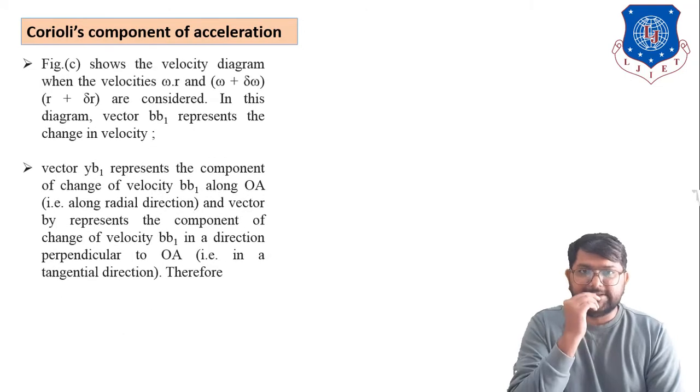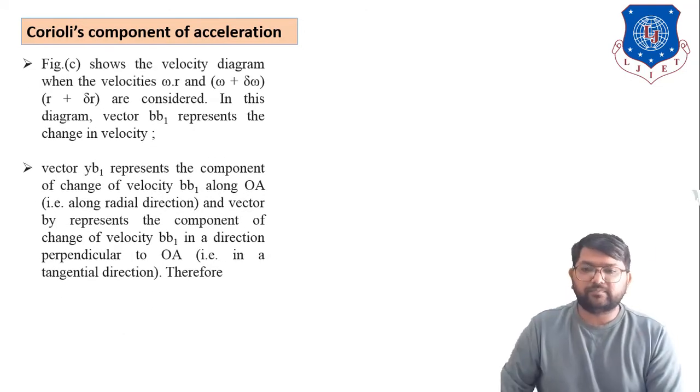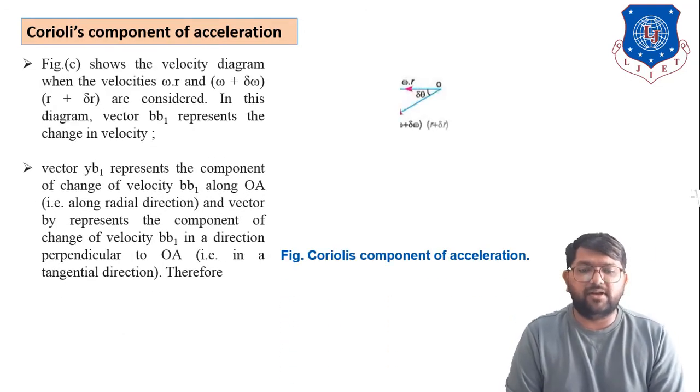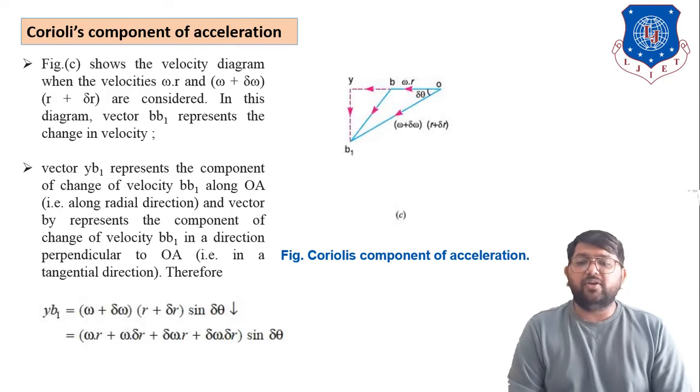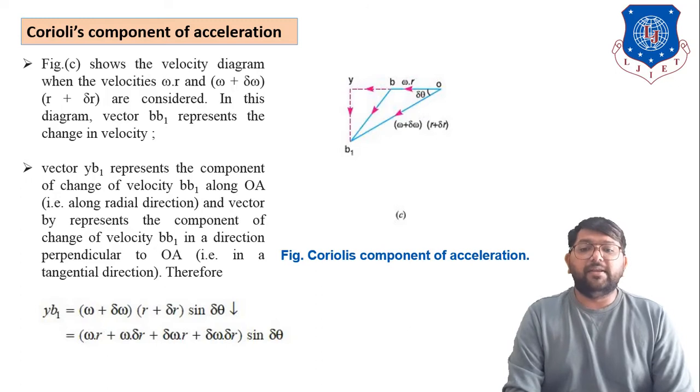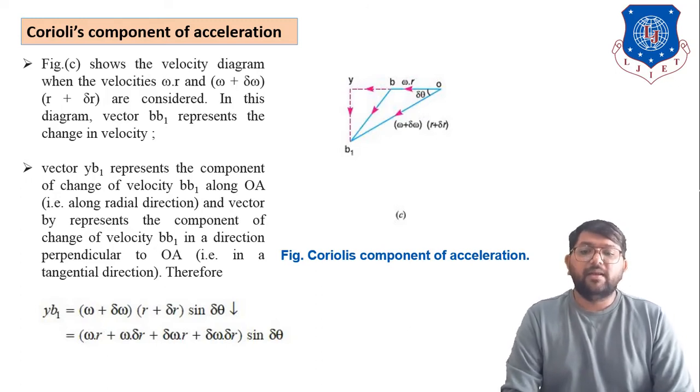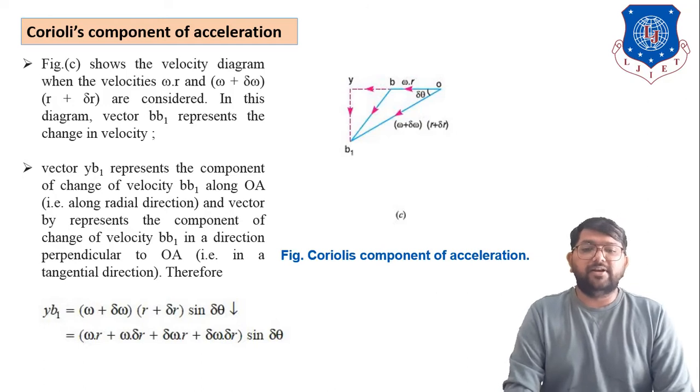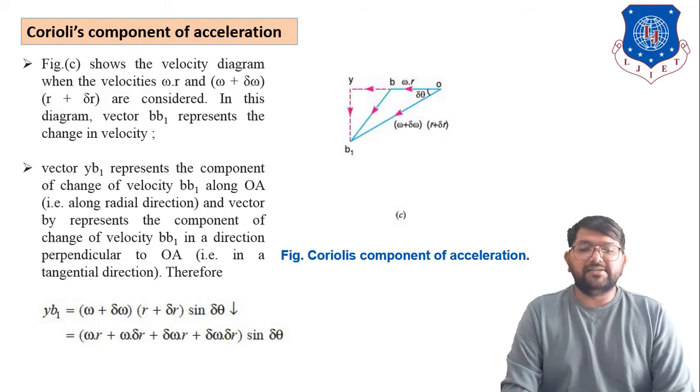Okay, now we have to understand Coriolis component of acceleration. In Coriolis component of acceleration, figure C shows the velocity diagram when the velocities omega into r and omega plus delta omega into r plus delta r are considered. In this diagram, vector bb1 represents the change in velocity.